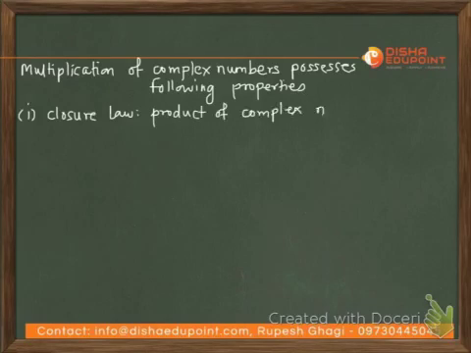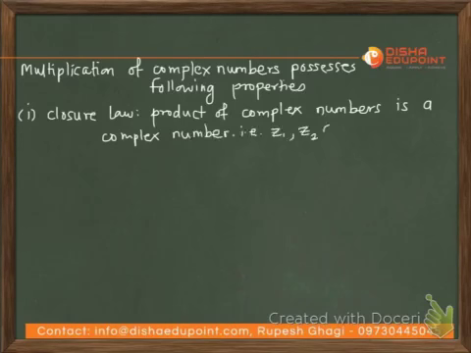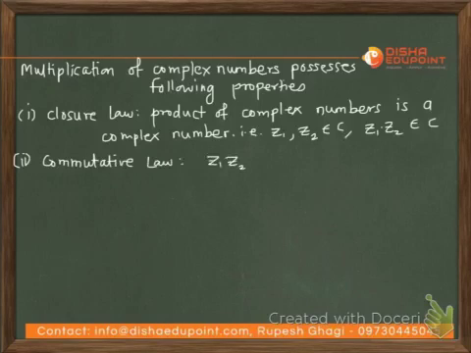That means if we take two numbers z1 and z2 from the set of complex numbers, then z1 into z2 also lies in the same set of complex numbers. Then commutative law. What does commutative law state? z1 into z2 is equal to z2 into z1. That is, the order of the multiplication of the two complex numbers doesn't matter. Either we can multiply z1 into z2 or z2 into z1, we will get the same result.